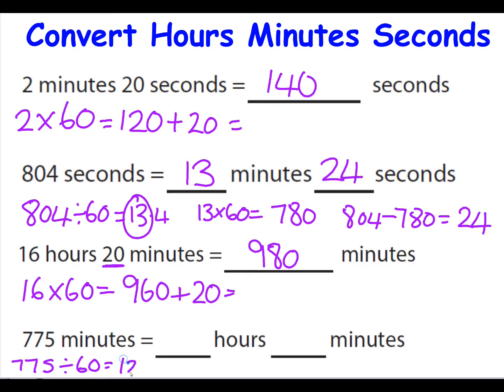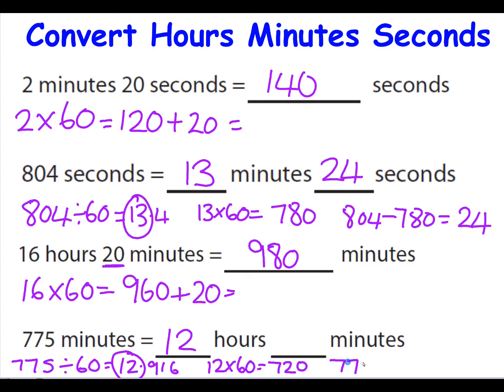And it goes in roughly 12.916 times. So forget about the decimal and just use the 12 to know that 60 goes into 775 12 times, with some kind of remainder. So to work out how many minutes are in 12 hours, 12 times 60 is 720 minutes.